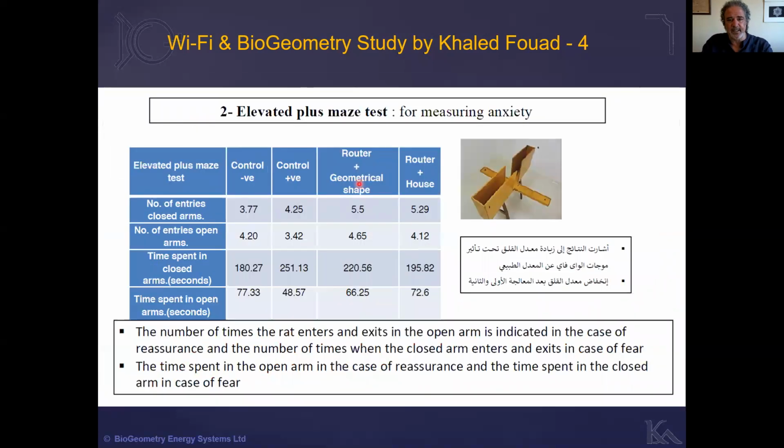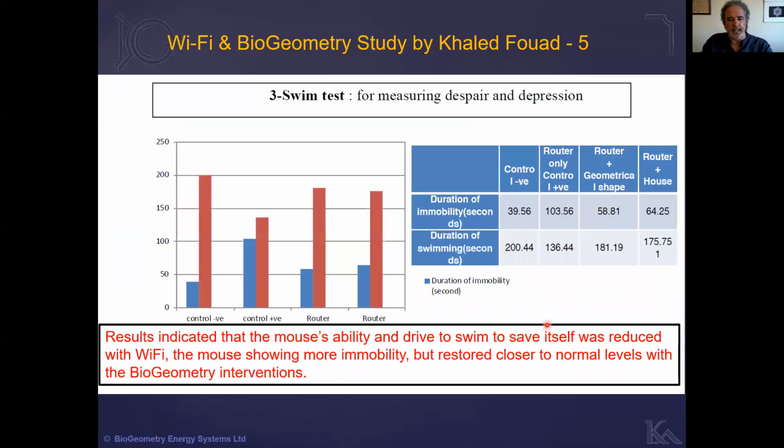This is the other test, the elevated plus maze. Okay, it's a little more complex, but you can read in here. And this also had interesting results, the swim test, where the mice had to swim, as it were, out of necessity. And the results indicated that the mouse's ability and drive to swim, to save itself, was reduced with Wi-Fi.